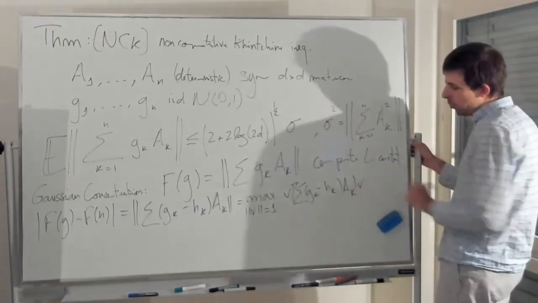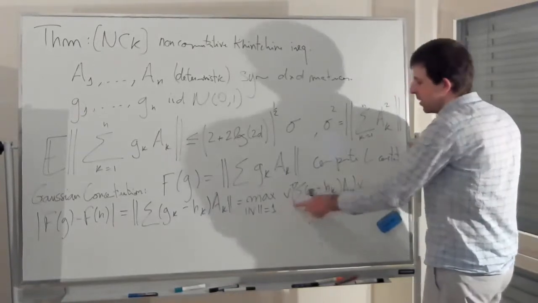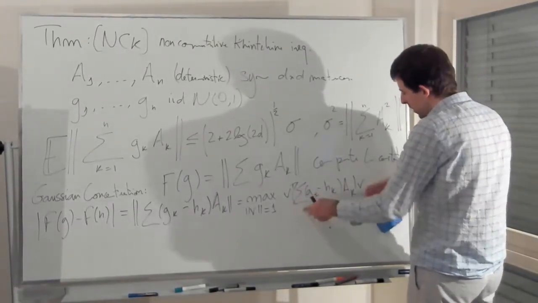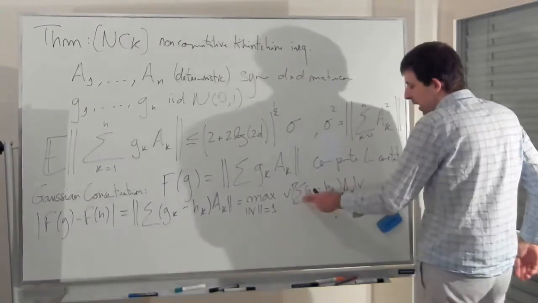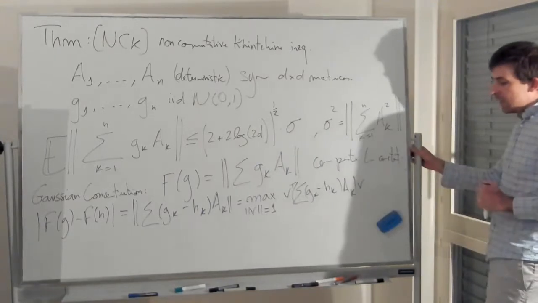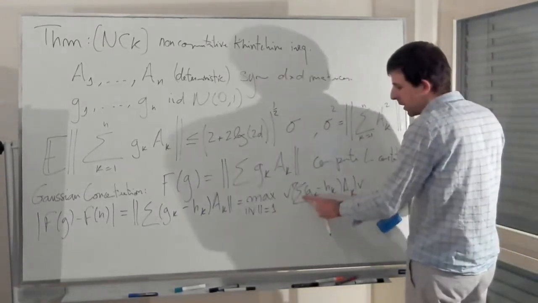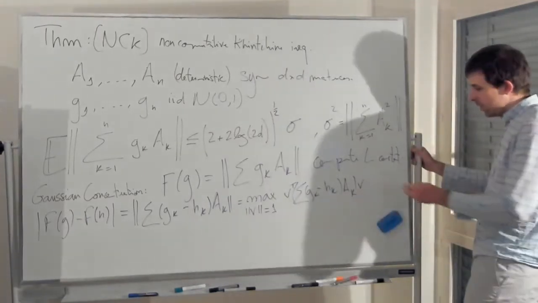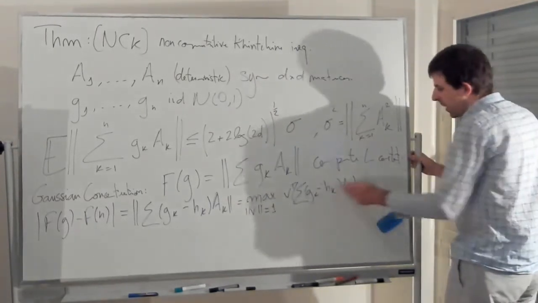But now I can move the v inside because it's linear. The same thing with the one from this side, and I can make it pass the g_k's and the h_k's because that part doesn't depend on v. And these are just scalars.